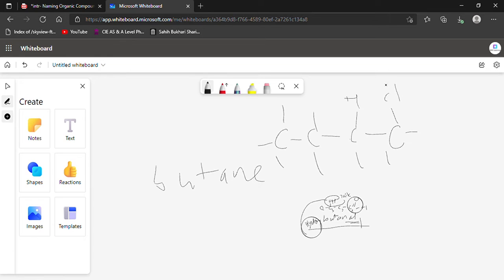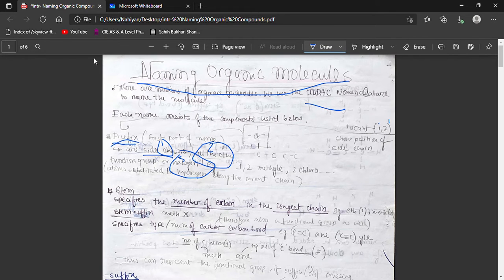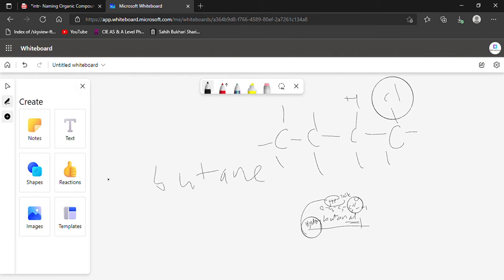But in front, how do you represent this extra functional group? As I said, this must be in the prefix. So you write chloro, chlorobutane.